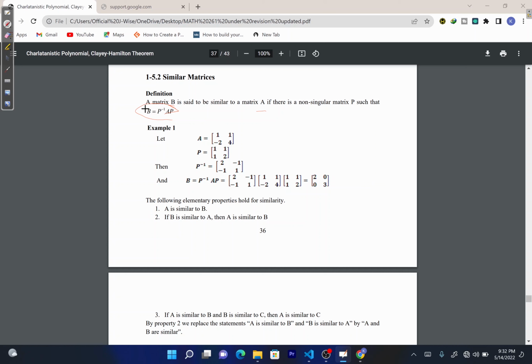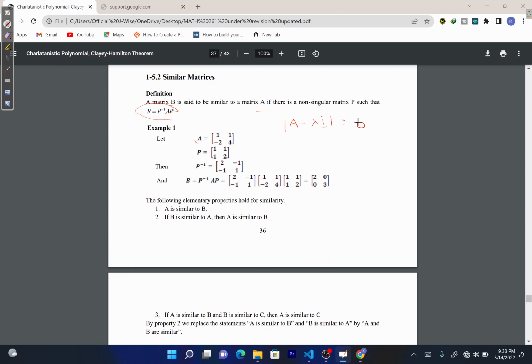Okay, so for example, let's consider our matrix A. Then in order to obtain matrix B, we find the eigenvalues of matrix A, then we find the corresponding eigenvectors of matrix A. So we find the eigenvalues from the determinant of A minus lambda I equals 0.